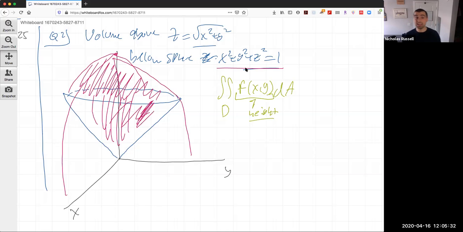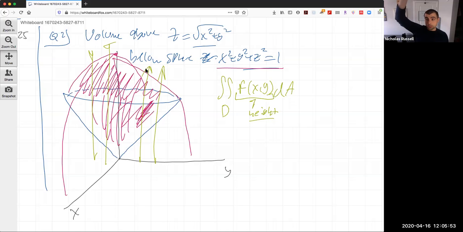So what do I mean by height here? This means I need to figure out, if I pick an x y point, how tall is this going to be? Where am I entering the region from, and where am I exiting the region from? So think about it this way. I'm going to draw these guys, and I'm going up in this direction.